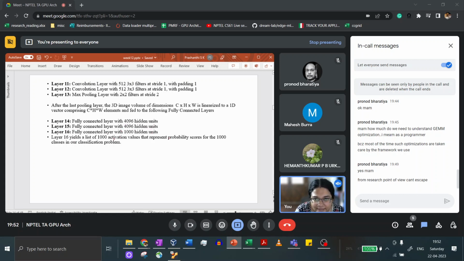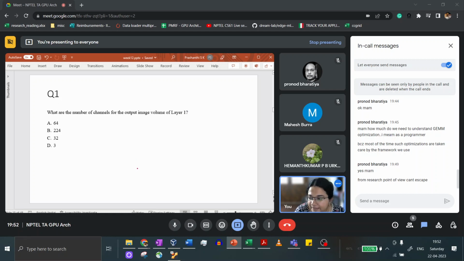So the 16 yields a list of 1000 activations that represent the probability scores for the 1000 classes in our classification problem. So this is a long 16 layer network, so don't try to note down all the layers and all the parameters. Whatever the question asks, I will move to that part of the network and you can look at it and solve it immediately.